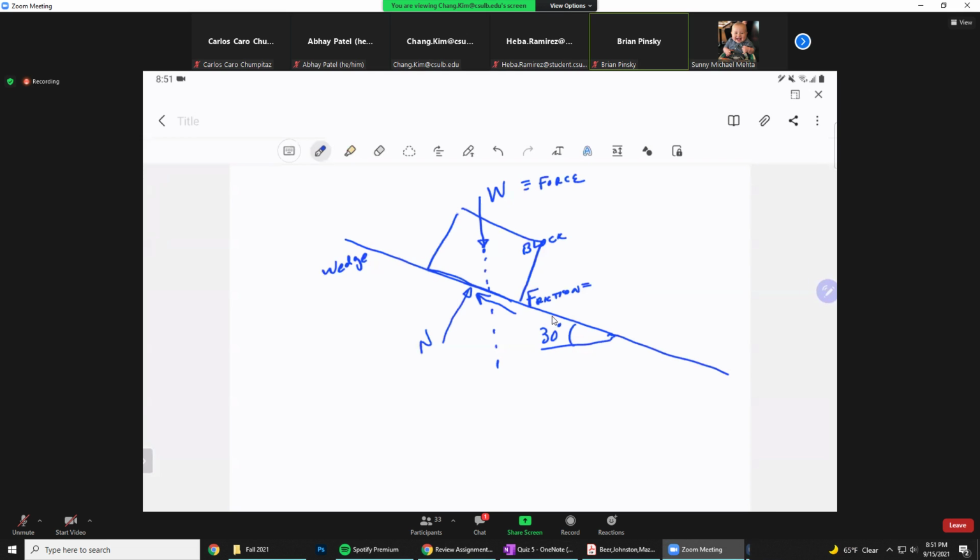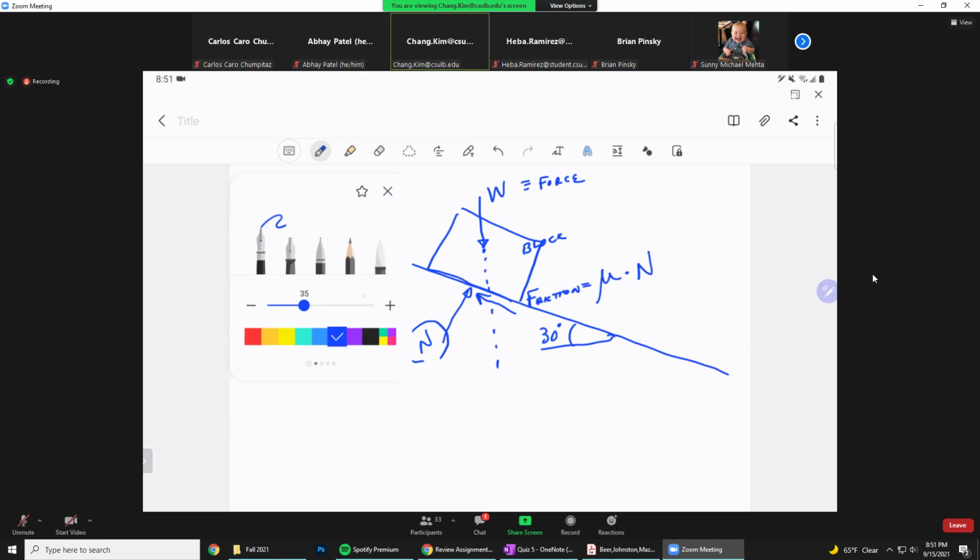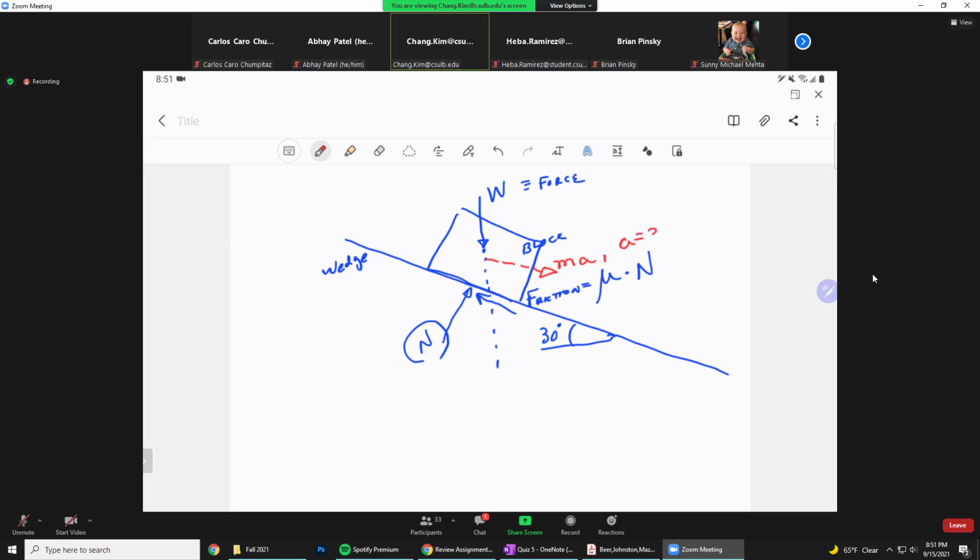So the friction here would be the friction coefficient mu times the normal force. Okay. And this block is not going up, right? It's going to be traveling downward with an acceleration of 3 meters per second squared.